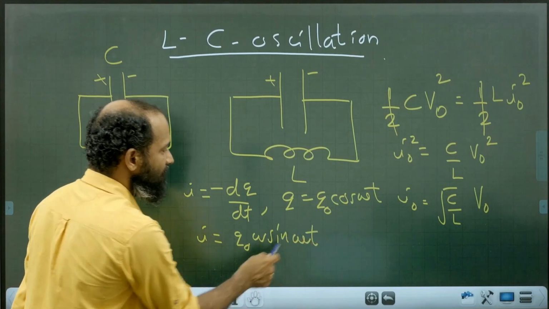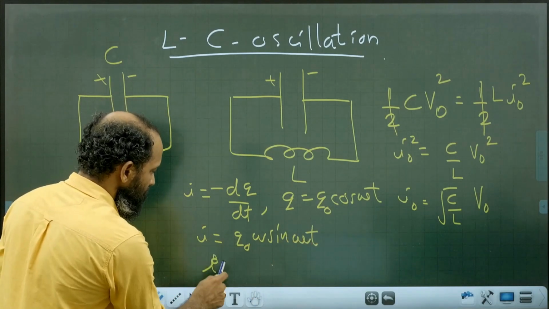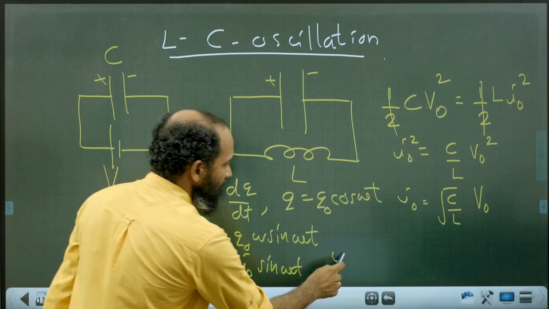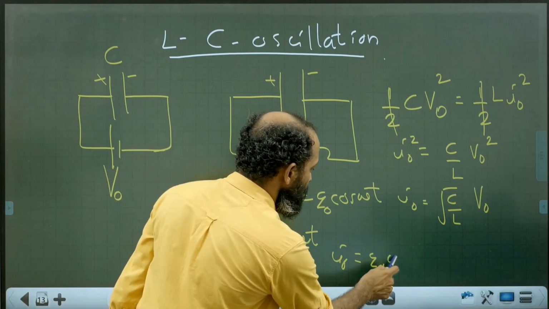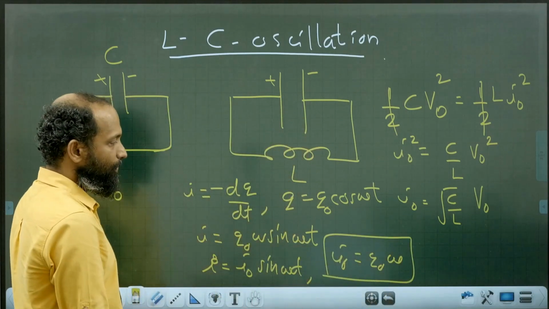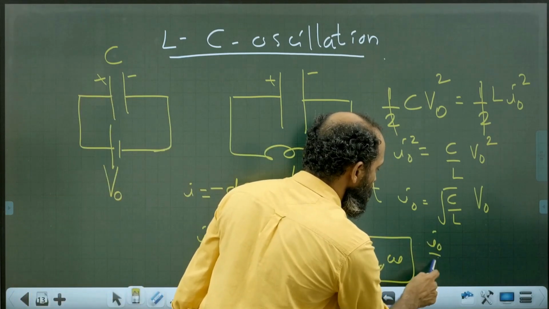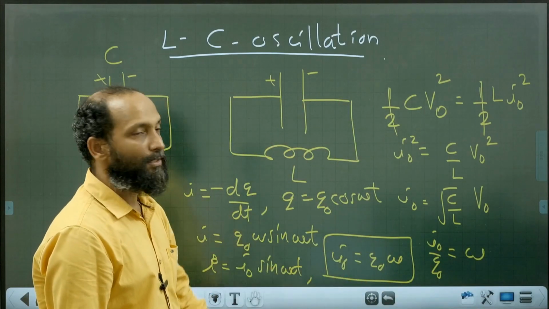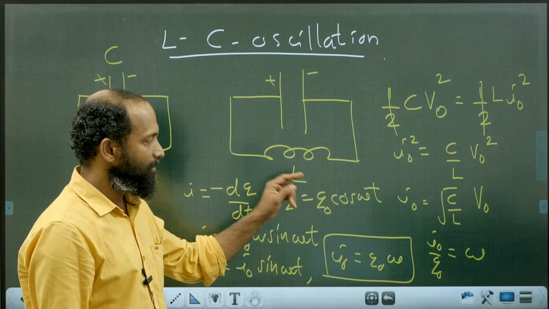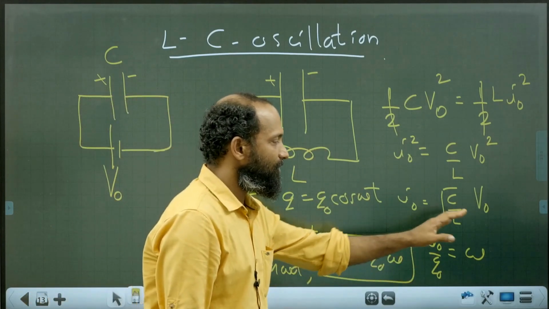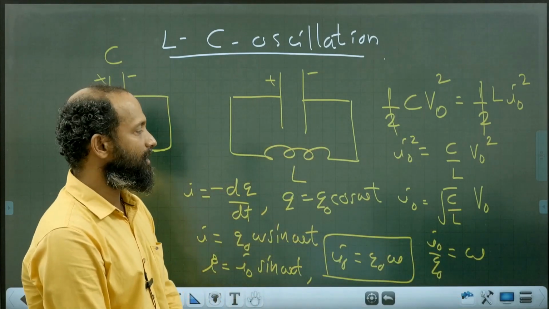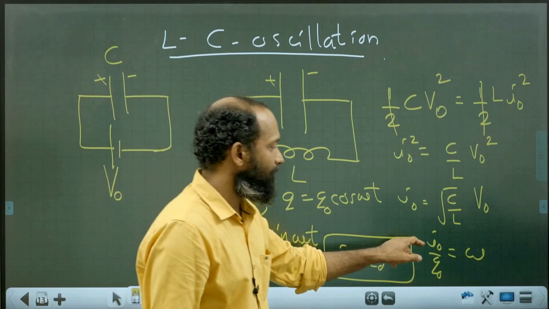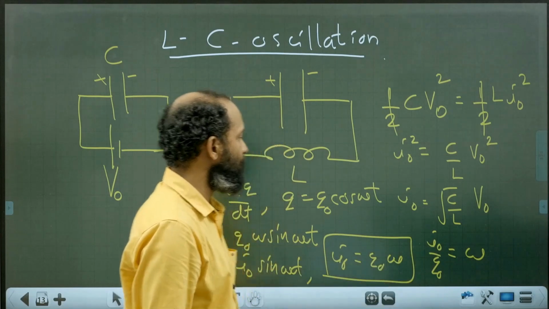So I equal to I0 sin omega t, where I0 is equal to q0 omega. So it's a very important point that I0 by q0 is omega. Current amplitude by charge amplitude is omega. The ratio of maximum current and maximum charge gives the angular frequency of LC oscillations. So the frequency of LC oscillations can be measured as I0 by q0.